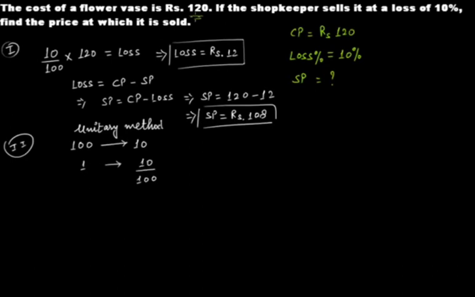Therefore, if your cost price is 120, because we know the value for 1, now for 120, this will be 10 over 100 times 120. So you get 12. That is the loss. For 100, the loss is 10. For 1, this much. Therefore, for a cost of 120, your loss will be 12.